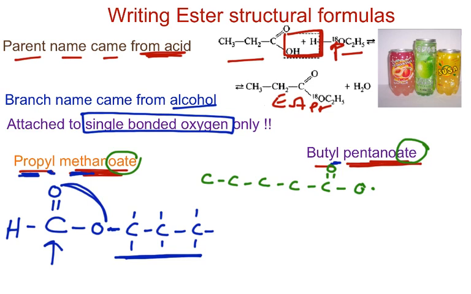And if you're not sure, use Table R. Look at it. They show you how to write structural formulas. It shows you how to do the endings. So do a matching to see which particular functional group you're dealing with. Don't just guess. And how many carbons are attached to that single bonded oxygen? I know there's 4, because but is my prefix over here in terms of the alkyl name.